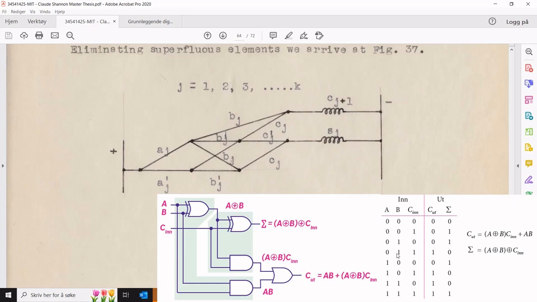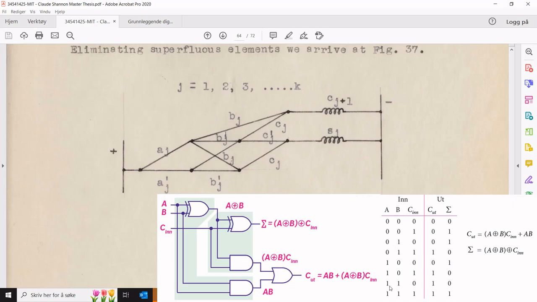If both b and c are equal to 1, then we get something out on the cj plus 1, but nothing on the sigma. If a is equal to 1, we get something out on the sigma. If both a and c in are equal to 1, we get something out on the cj plus 1, but nothing out on the sj.